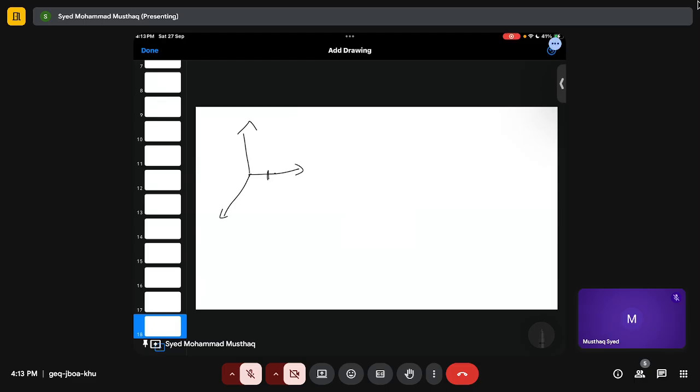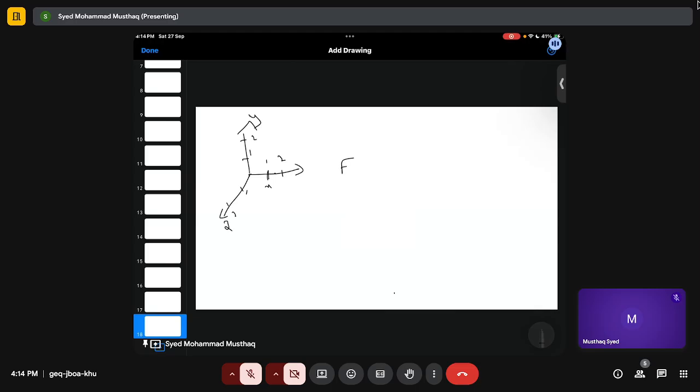So for example, if I define x, y, z as, let's say, this is x, this is y, this is z. So 1, 2, same as the graph itself.